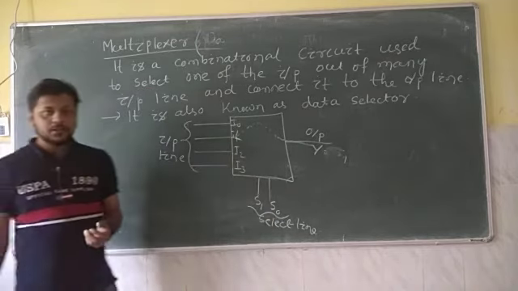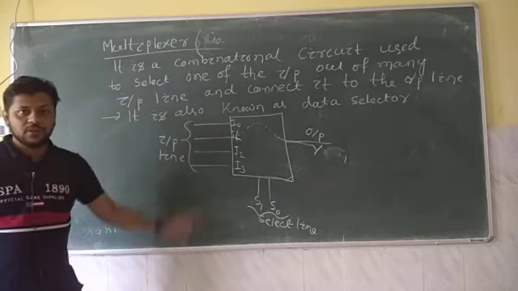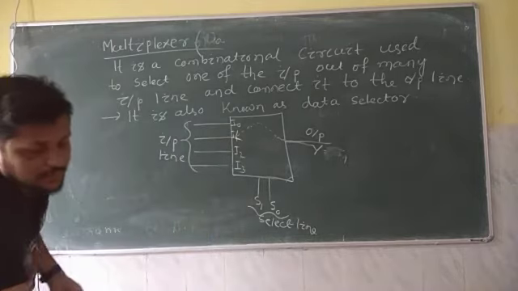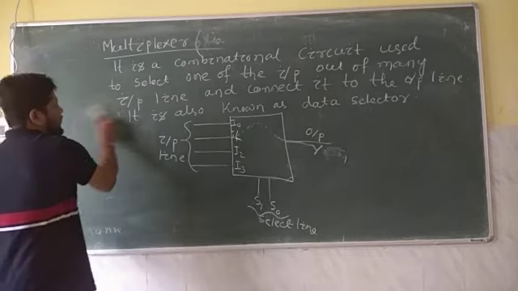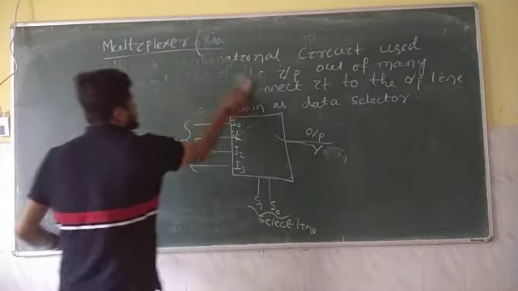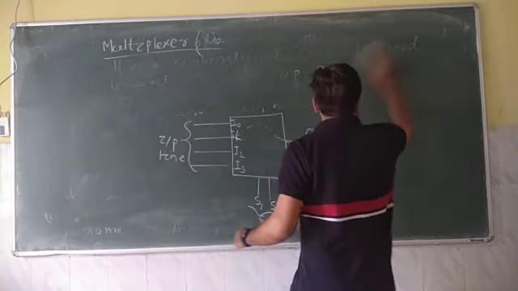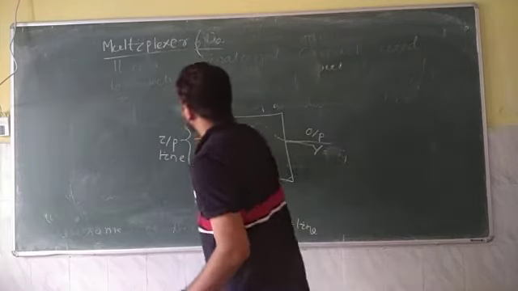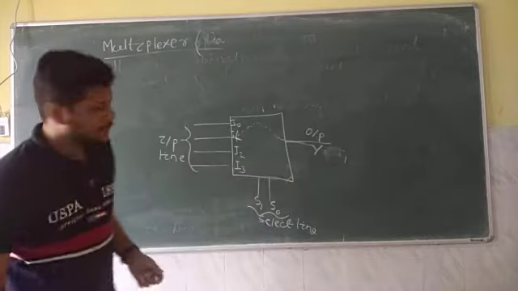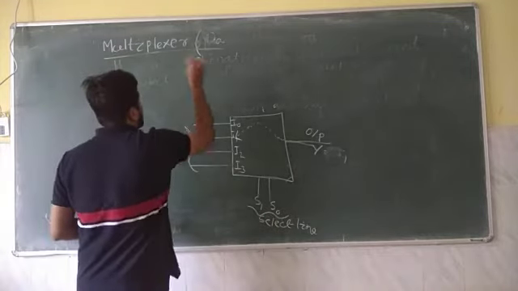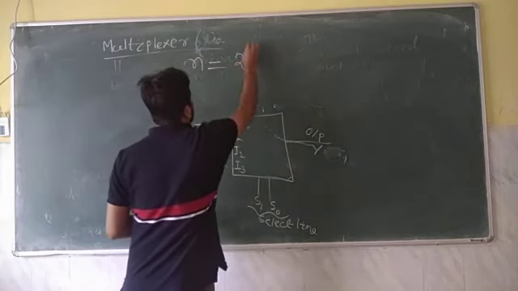Then the question arises, sir, what will be the relation between the input lines and select lines? So let's see that. For example, if you have n input lines, n is equal to 2 to the power m.